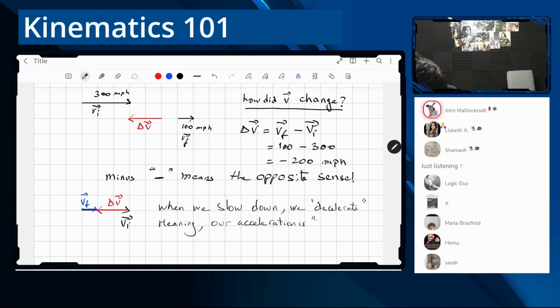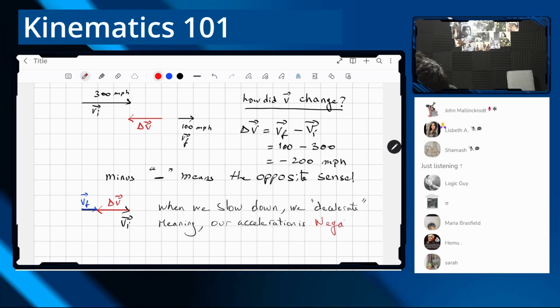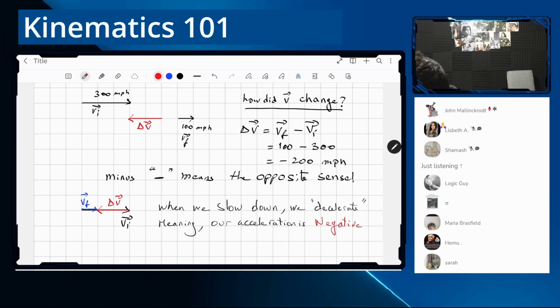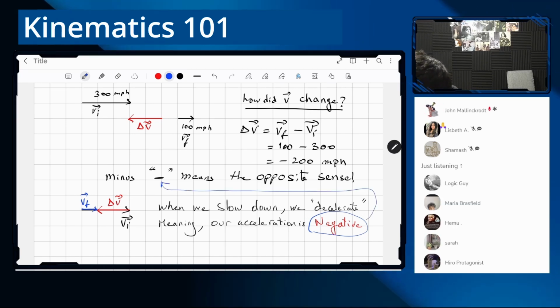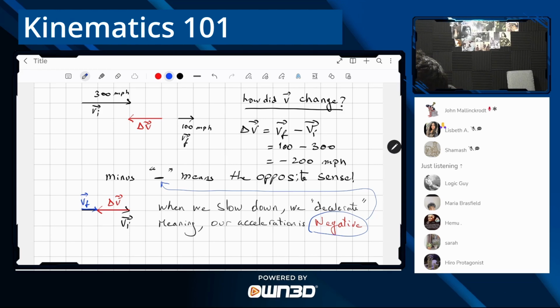Whenever you accelerate, you feel like you're being pushed by your seat or being thrown backward or something like that. But that's now getting into dynamics rather than kinematics, which is just the description of that stuff.